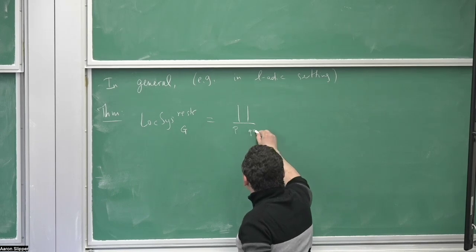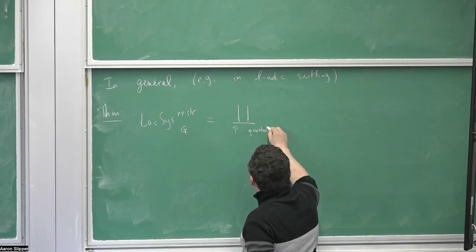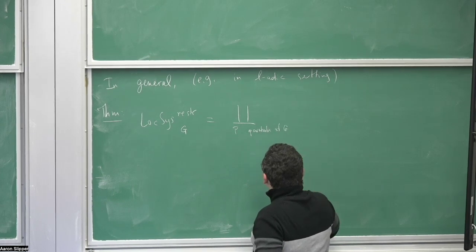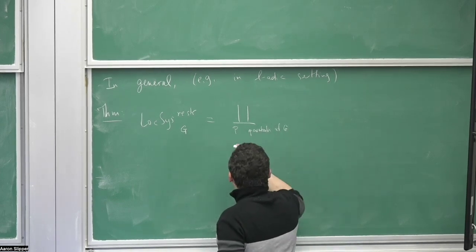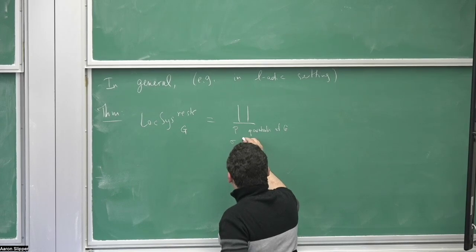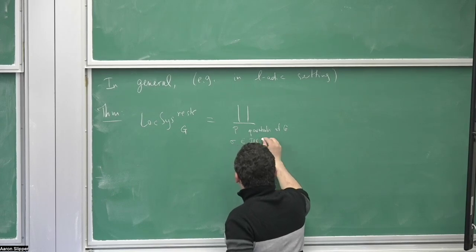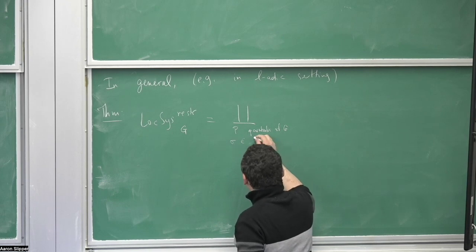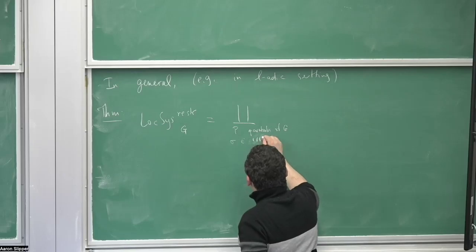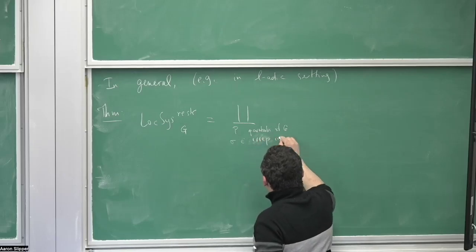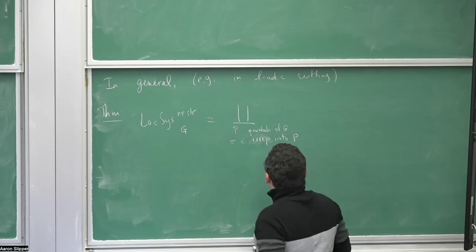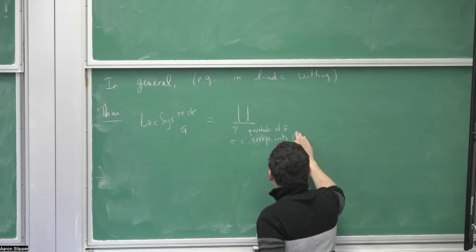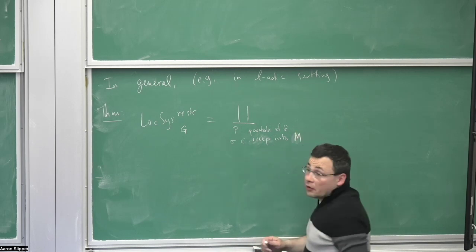P parabolic, sigma, a reducible representation, an irreducible representation into M, the Levi quotient.